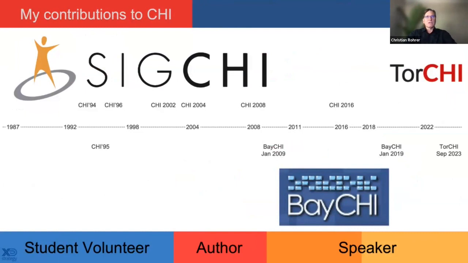I did that a few times at a few different years. I've attended many CHIs, but these are just the ones that I've actually contributed something to. But I also had the chance to speak at BayCHI, separated by literally 10 years, January of 2009, and then again in January 2019. And now I get to put TorCHI on my list here. So thank you very much for this invitation. I'm really thrilled to be here.